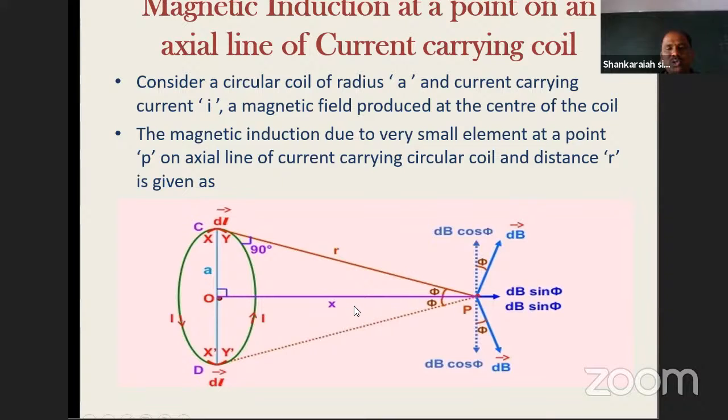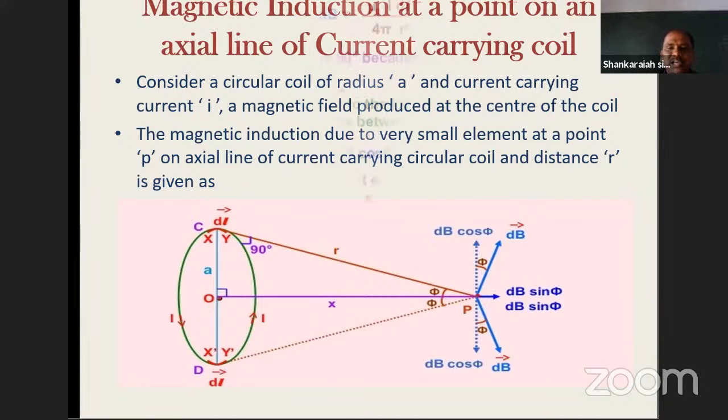So r square is equal to x square plus a square, or a square plus x square. r is equal to a square plus x square whole power 1 by 2.